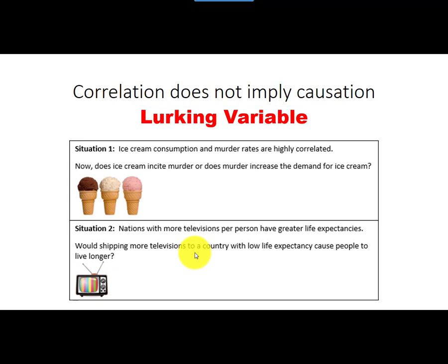Countries with higher wealth possibly may have more televisions per person and also have greater life expectancies, and people may have more access to health care and so forth. So the wealth of the nation, or the wealth, is a possible lurking variable here.